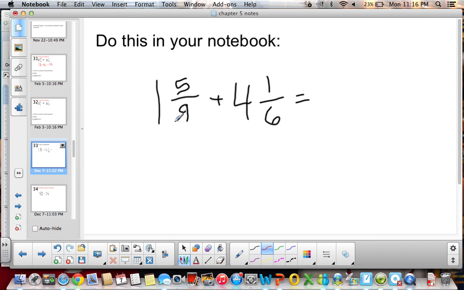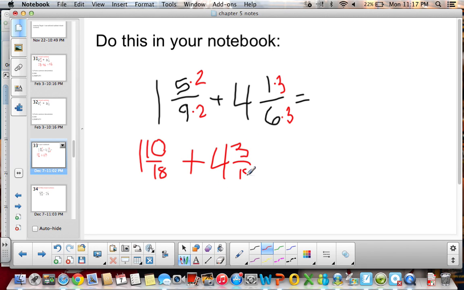We know that both 9 and 6 go into 18, so I'm going to change this to 18ths. So I have 1 and 10/18 plus 4 and 3/18.